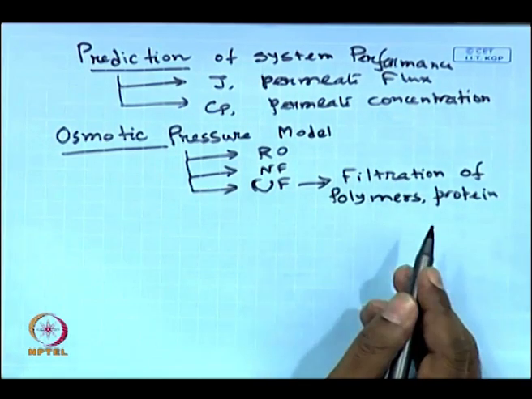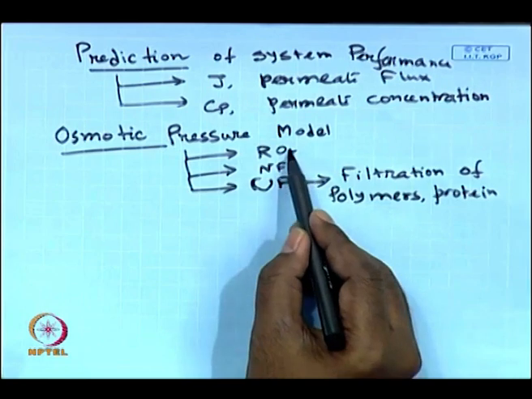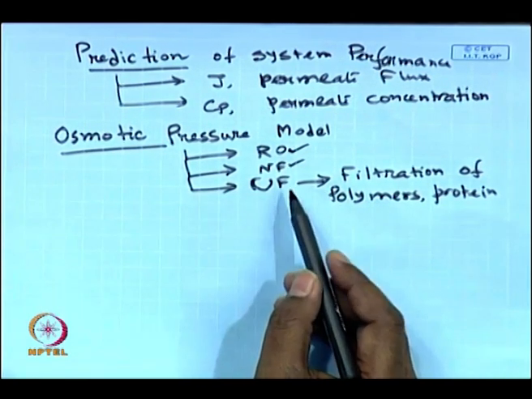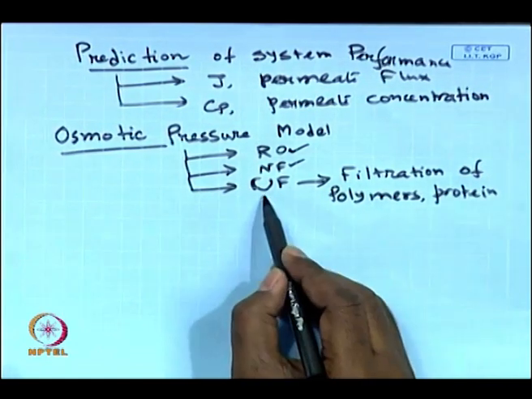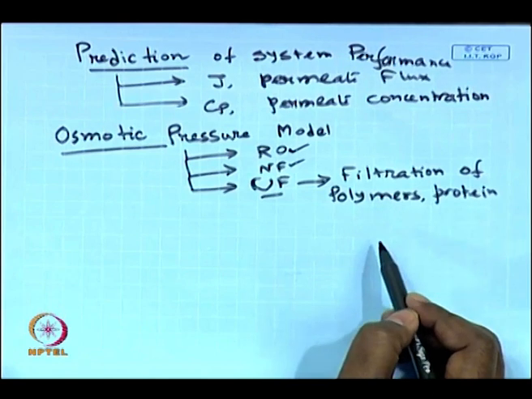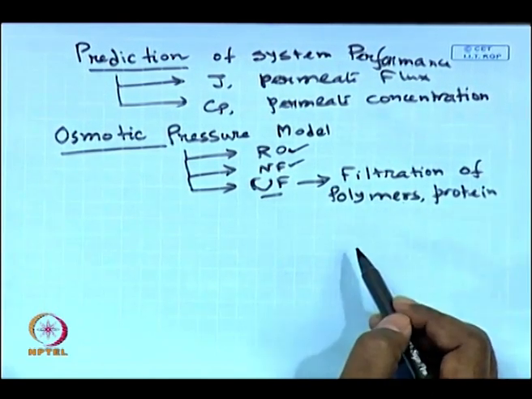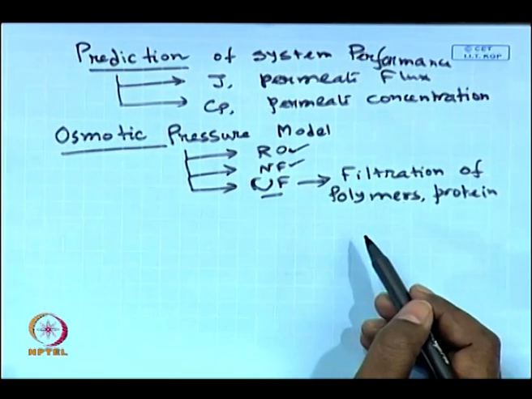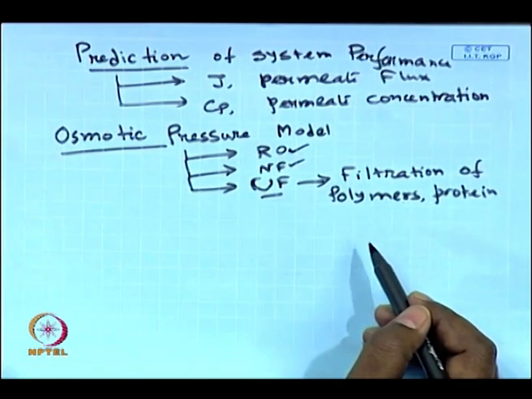We have already seen that in reverse osmosis and nanofiltration, since the pore size is extremely small, osmotic pressure plays an important role. On the other hand, in ultrafiltration of polymers and proteins, the osmotic pressure of these solutes becomes significant because of several aspects like charge-charge interactions, membrane-polymer interactions, things like that. So, osmotic pressure becomes very important.